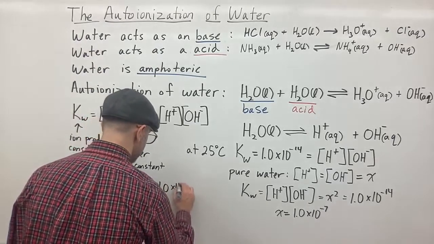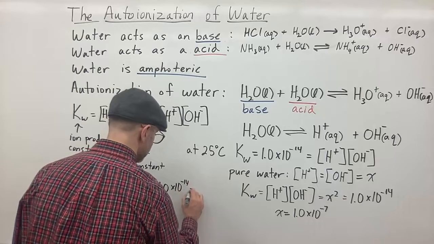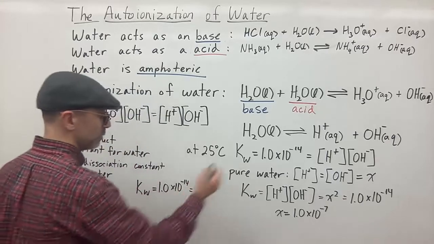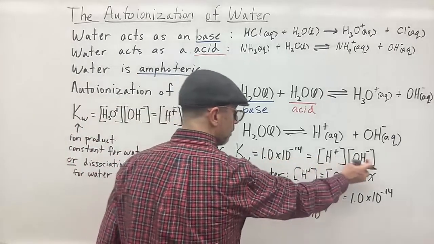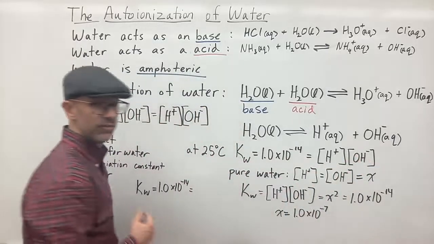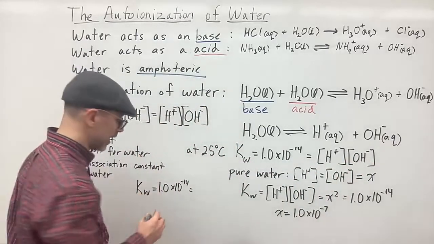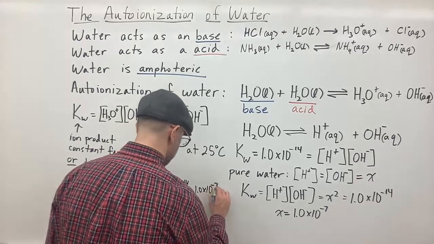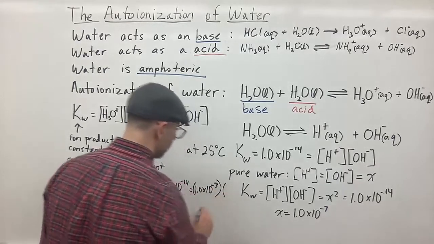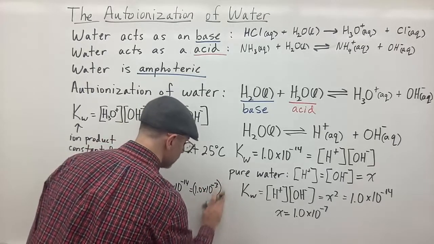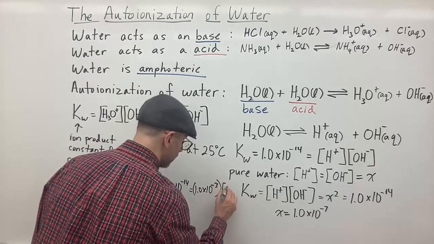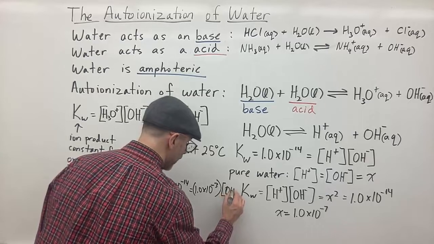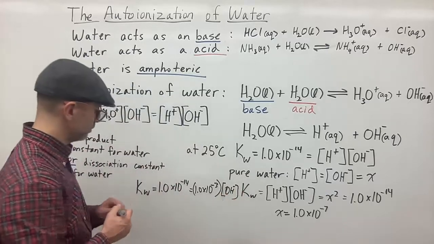1.0 times 10 to the negative 14, and that's going to be equal to H plus multiplied by the OH minus. We just raised the H plus concentration to 1.0 times 10 to the negative 3, so that's multiplied by the OH minus concentration.